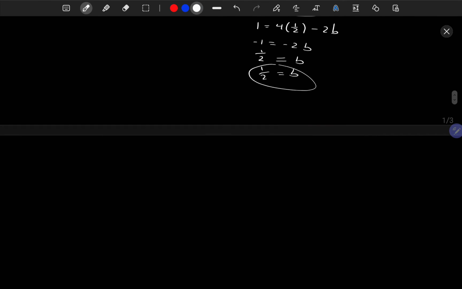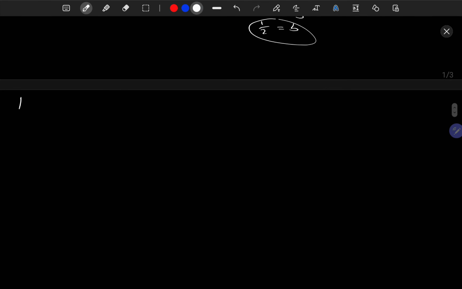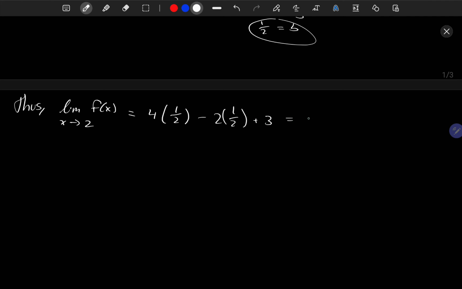So, to top it off, thus the limit of f of x as x approaches 2 equals 4 times 1/2 minus 2 times 1/2 plus 3 equals 4, which equals f of 2.